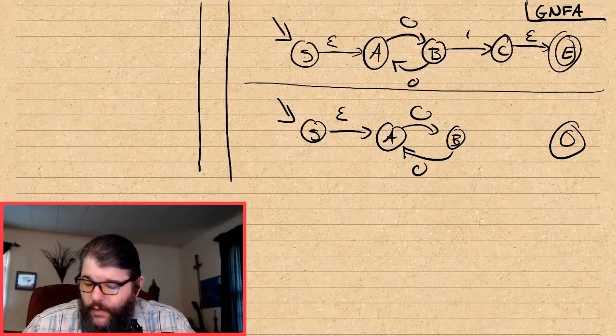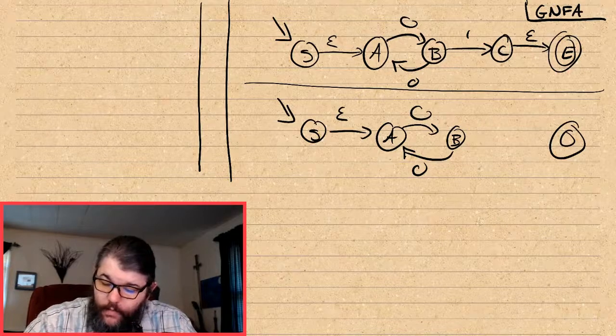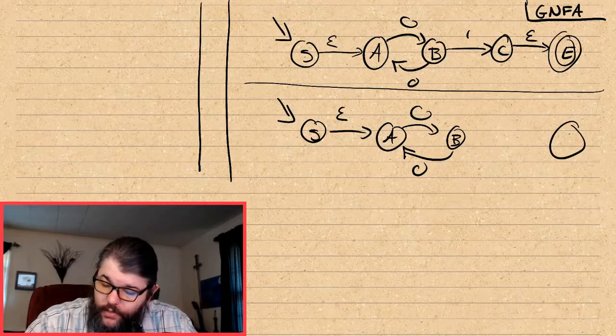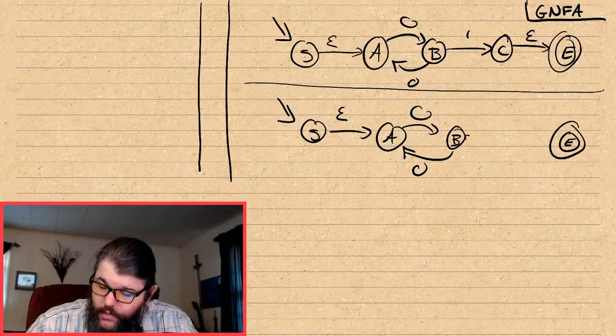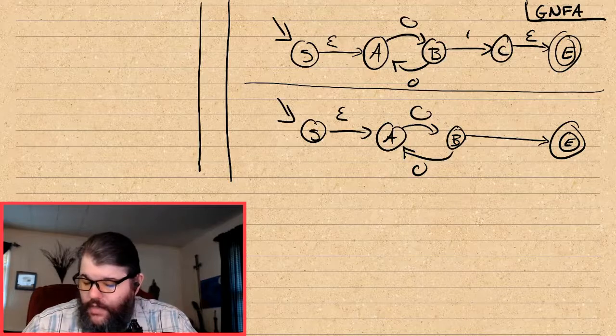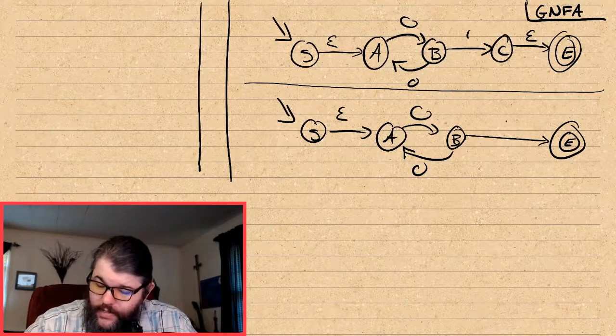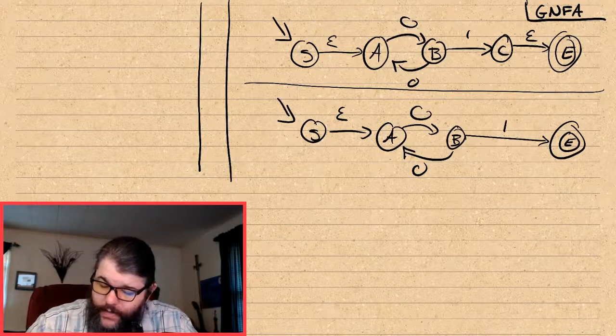So in this case, the only states involved with C are B and E. And what I'm going to do is rewrite the transition from B to E that goes through C as a new thing. In this case, I'm just going to write it as a 1, but I want to tell you how I get to the 1.